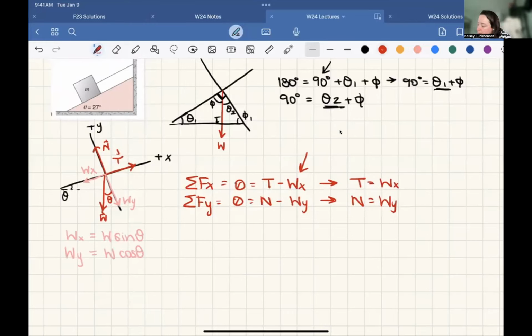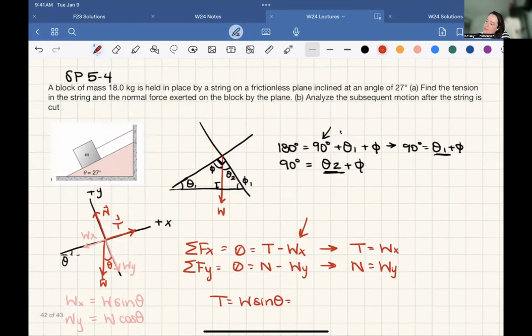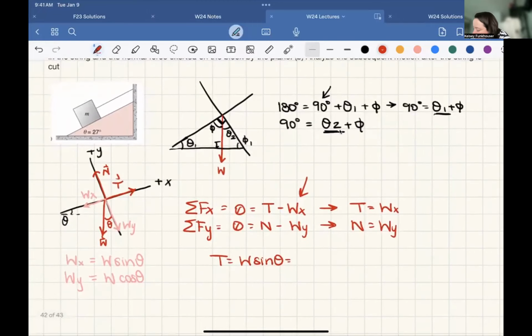Okay. So tension is the weight times sine of theta, which is, the mass is 18 kilograms. So 18 kilograms times 9.8 meters per second squared times sine of 27. And this is 80 newtons.